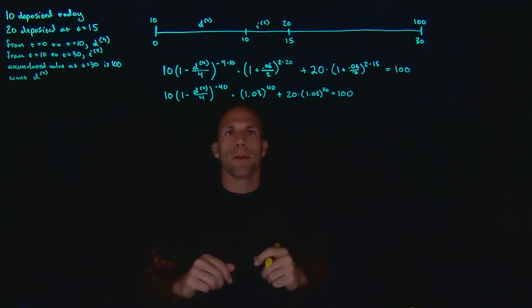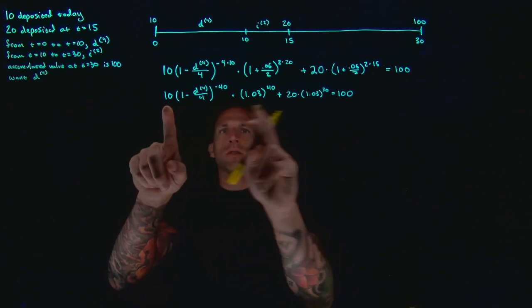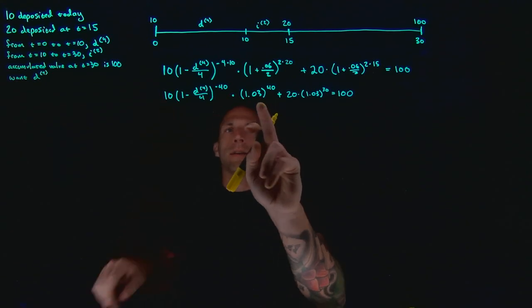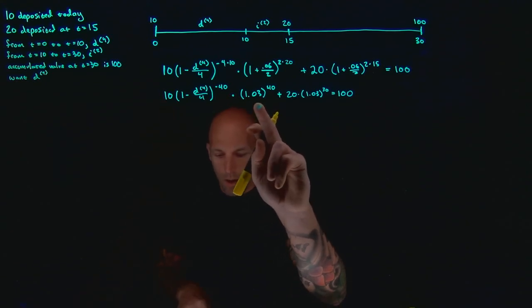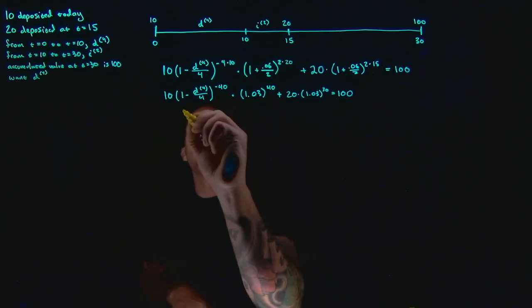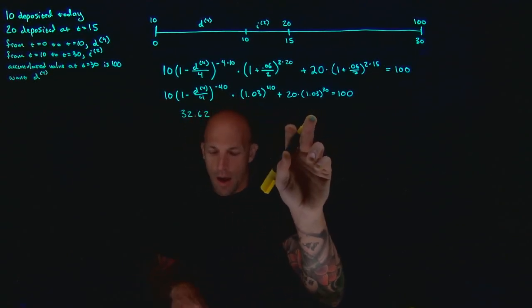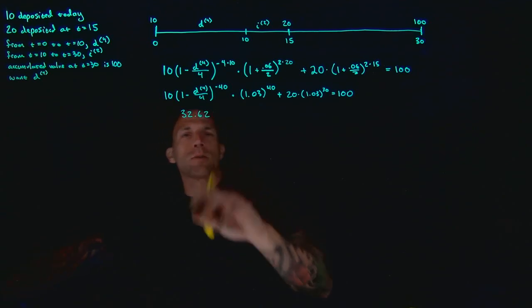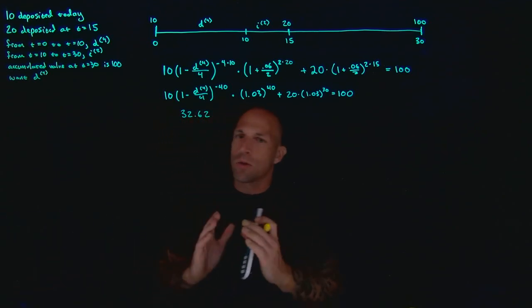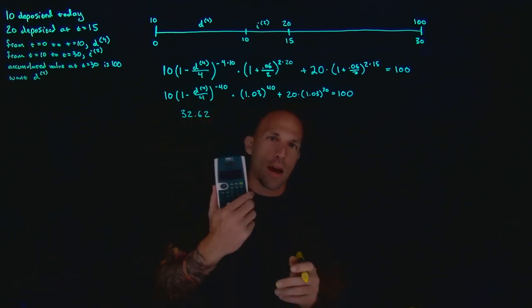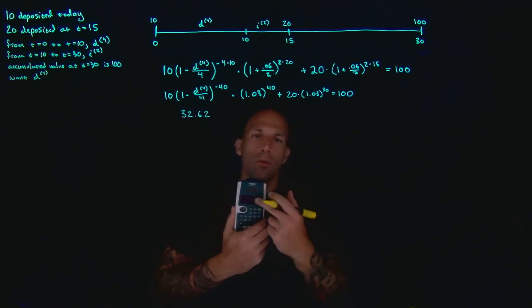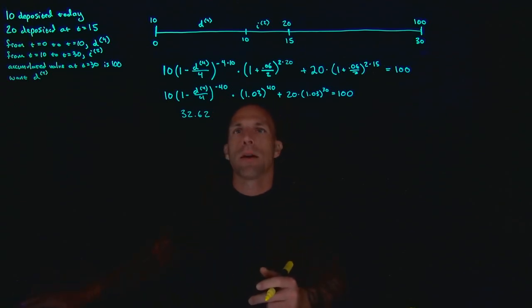All right, let's simplify again. This is all one term. 10 times 1.03 raised to the 40 is 32.62 and some decimals. I'm only going to write down 2 decimals, but because our answer choices are so close together, as I actually compute, I'm going to use the full 8 decimal figure that the calculator creates.